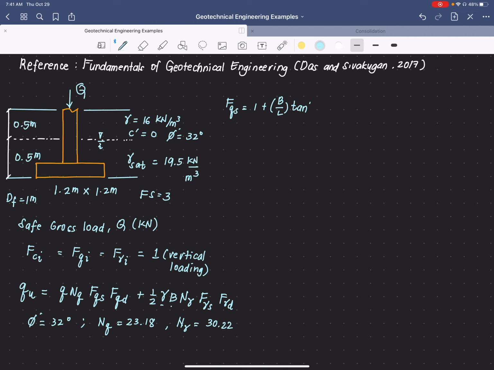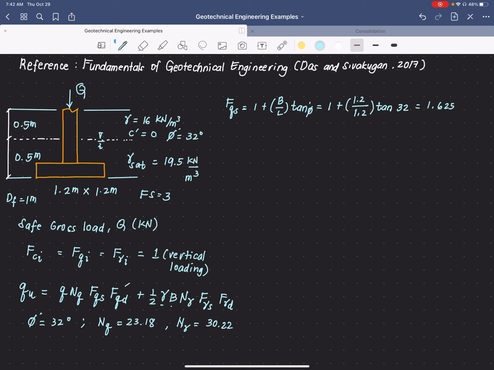B is the width and L is the length, and we have a square section. So this is 1 plus 1.2 as our width, and the length is also 1.2, multiplied by the tangent of the angle of friction, which is 32, and that can be equated to 1.625.